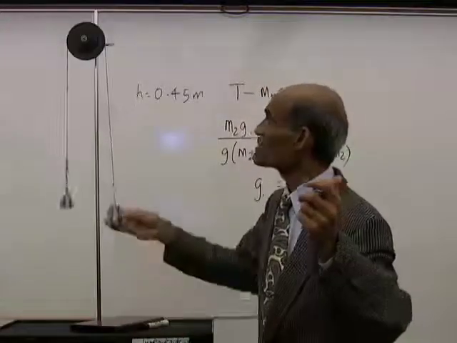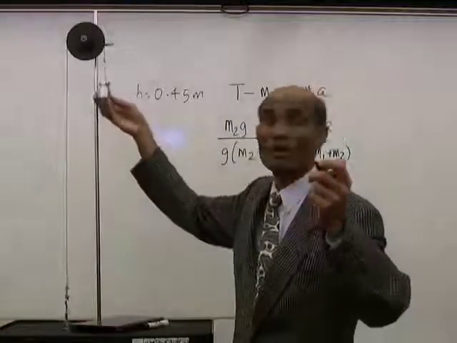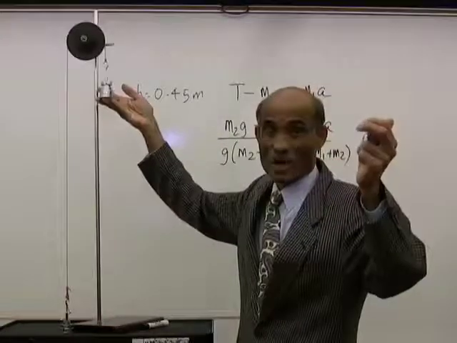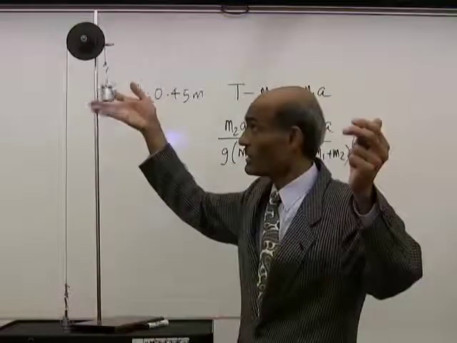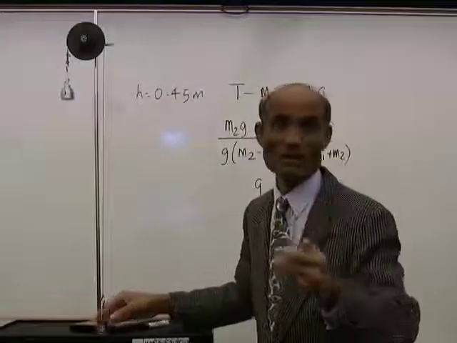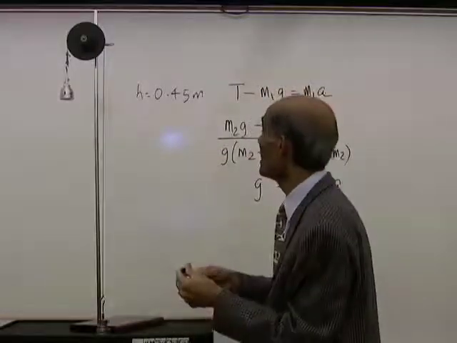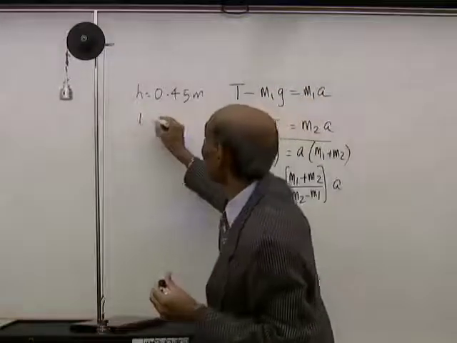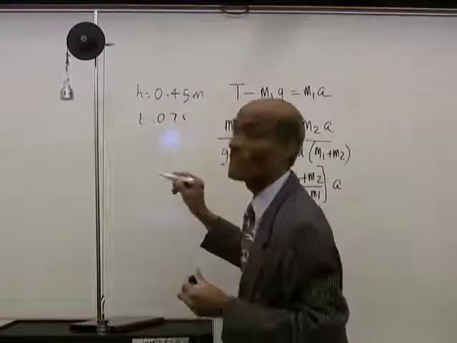So I'm going to take it to the height h. Alright, let it go and start the clock. And stop. Well, it's a very small time. I measured the time as 0.7 second.